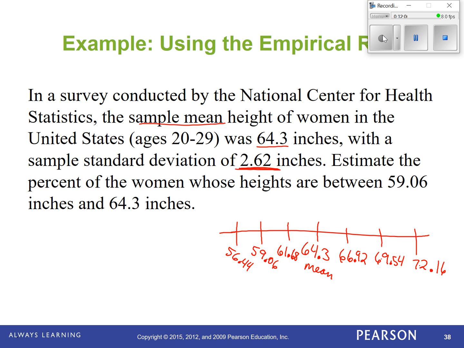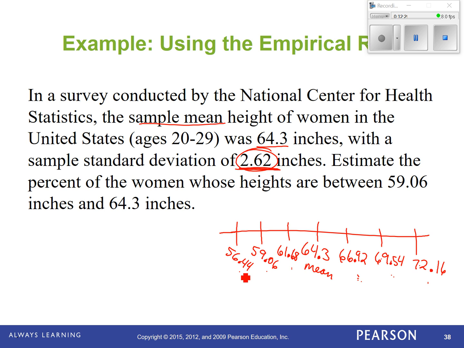All right, so I went ahead and, on this side, I added on the standard deviation, the 2.62, 3 times out through there, so this is 1 standard deviation, 2 standard deviations, 3 standard deviations away from the mean. Then on the other side, I subtracted it, and you're 1 standard deviation away, 2 standard deviations away, 3 standard deviations away.